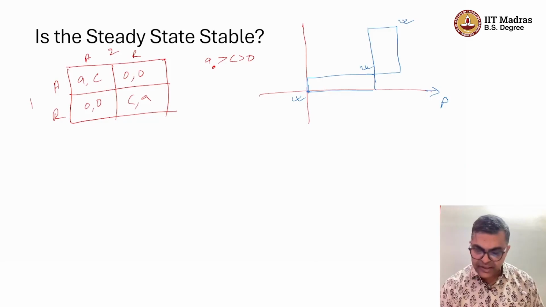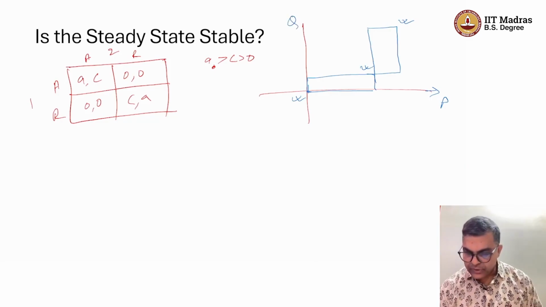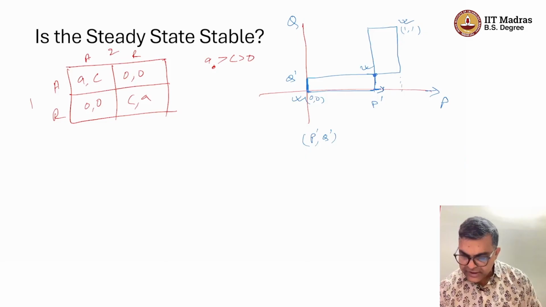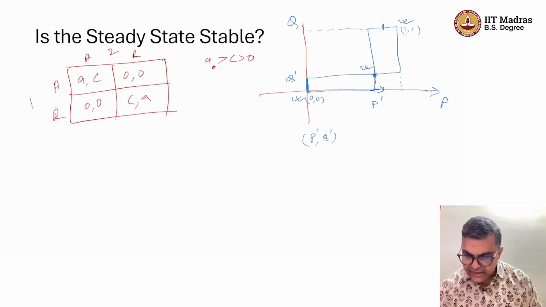On this axis we had P, on this axis we had Q. So let us say at the mixed strategy equilibrium, they are mixing using this particular P dash and Q dash. If there is a little bit of perturbation, if this increases from P dash to a slightly higher number, what happens? Best response from Q at this point is this, and if Q is playing this, then best response from P is this.